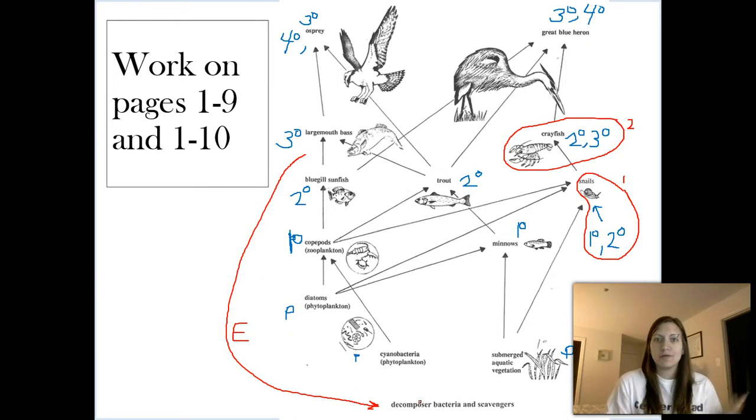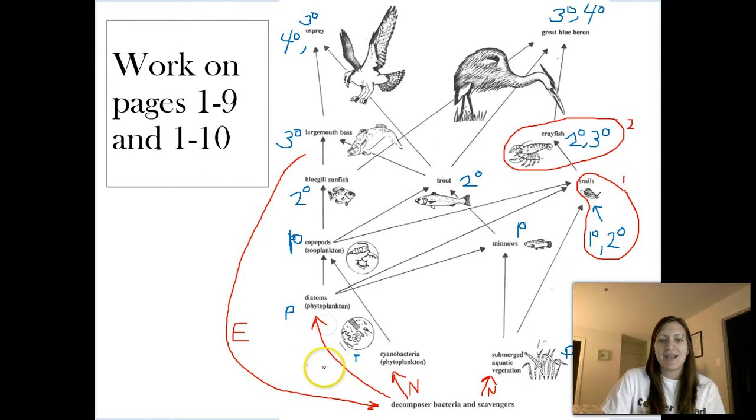Now, once they're in the soil, who picks them up? It's our producers. So we're going to have a couple arrows. We're going to have nutrients going to the submerged aquatic vegetation. We're going to have some nutrients going to those cyanobacteria, and then some nutrients going to these diatoms. So really great role of decomposers.